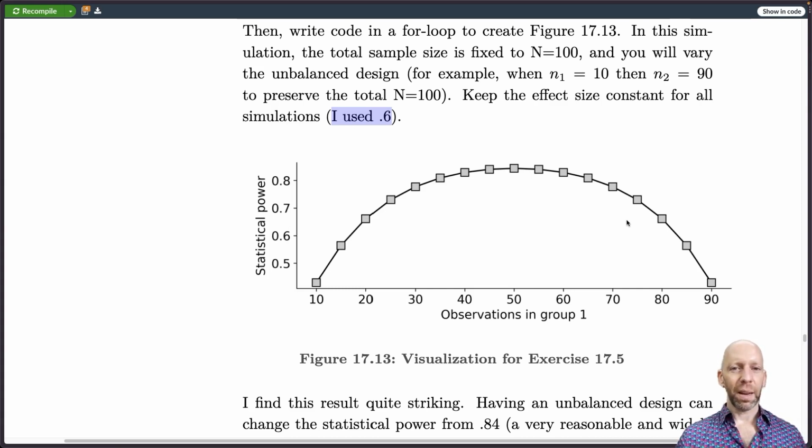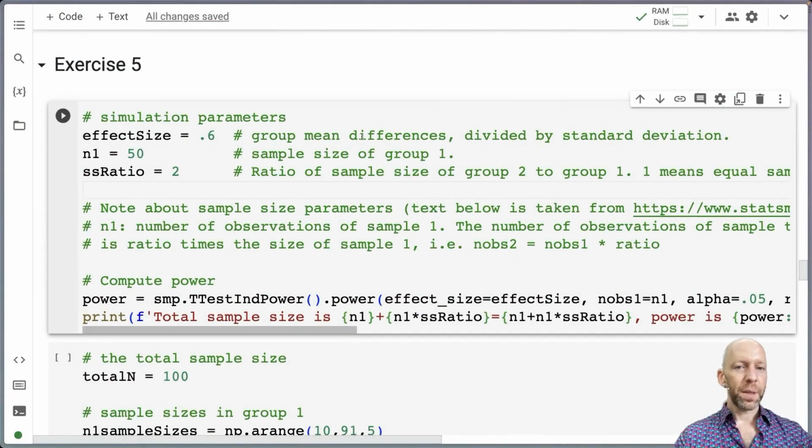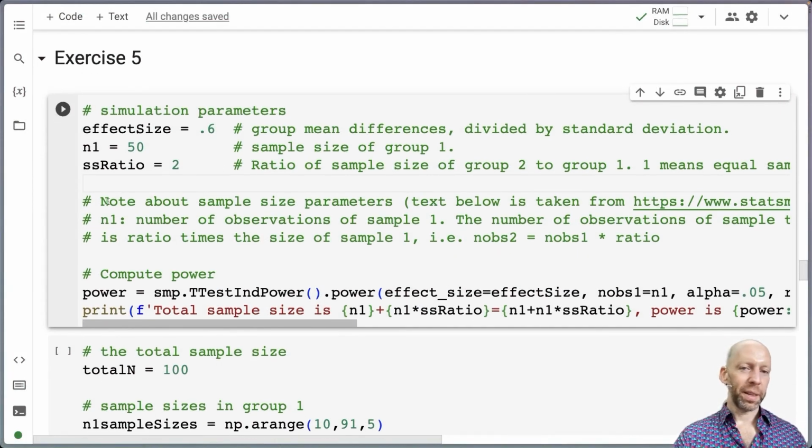I'll have a few remarks to make about this. You need to find a little mathematical formula to compute the two sample sizes and this ratio value R. But I'll show you that in a moment when I switch to code. So here, this first cell is just giving another explanation about how it works, also providing a little bit of a formula.